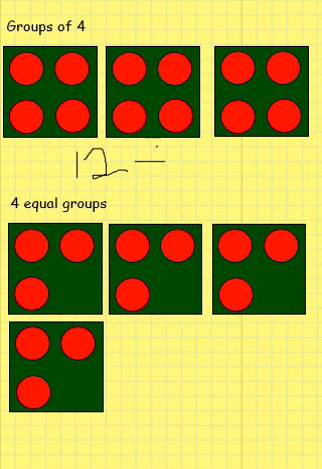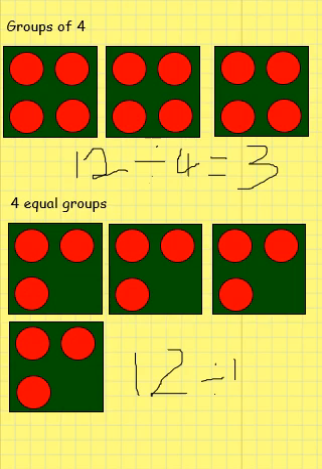So 12 divided by 4 equals 3. And here the 3 represents the number of groups. Here we've got 12, we've divided them into 4, which gives us a total of 3. However, this time the 3 represents the number in each group.